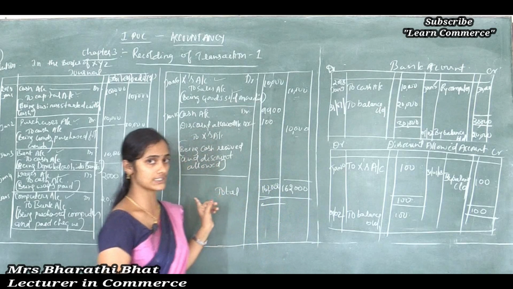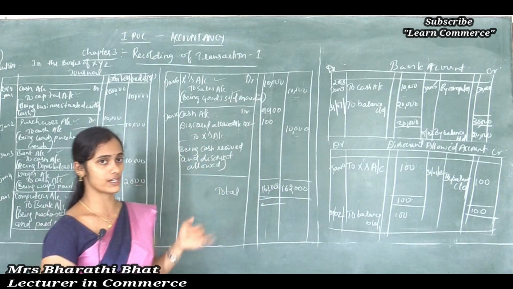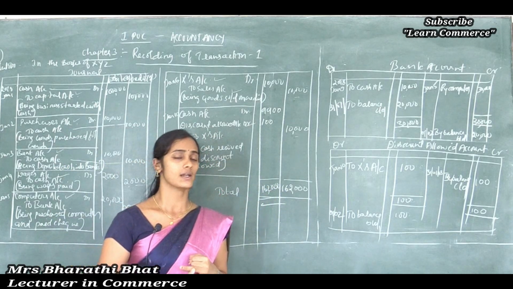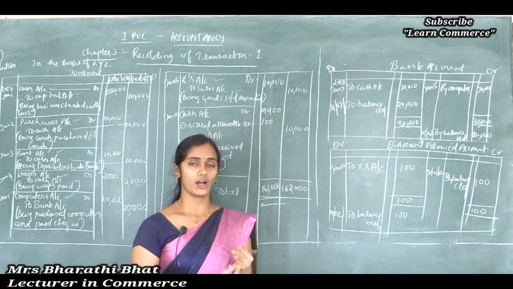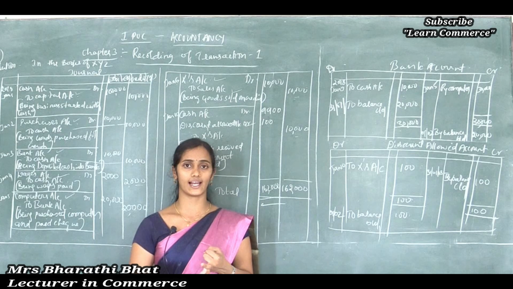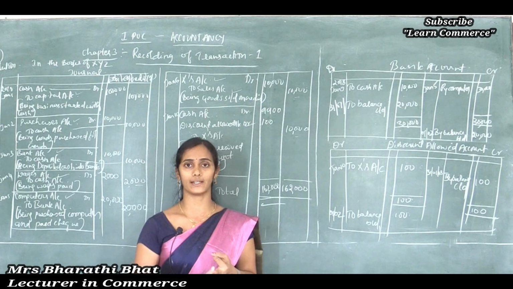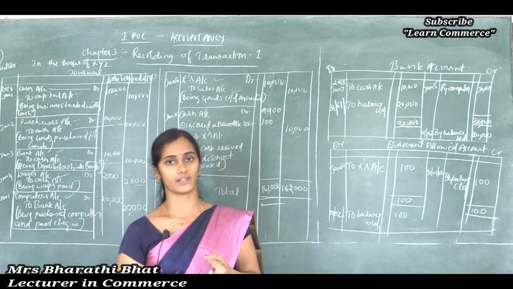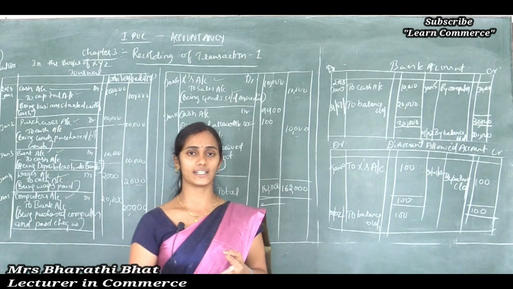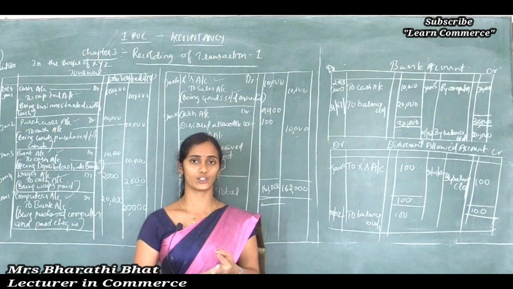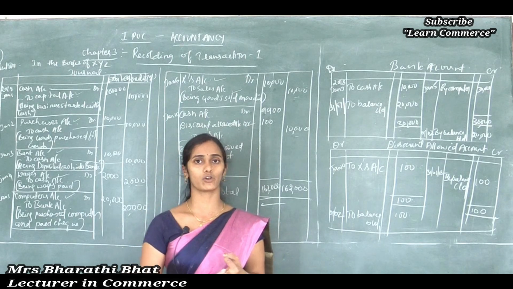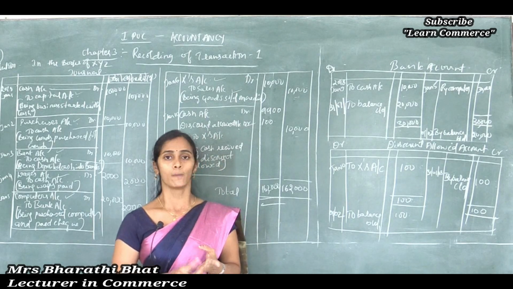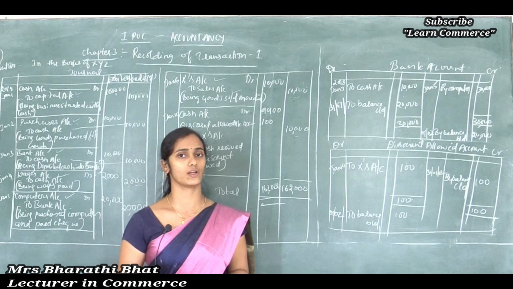Before that, passing the journal entries. To pass the journal entries, we know how to classify the accounts, how to analyze the accounts, and afterwards how to apply the rules of debit and credit. After completing the journal entry, we need to total the debit amount column and credit amount column, and the next second step is posting the journal entries to the individual account.